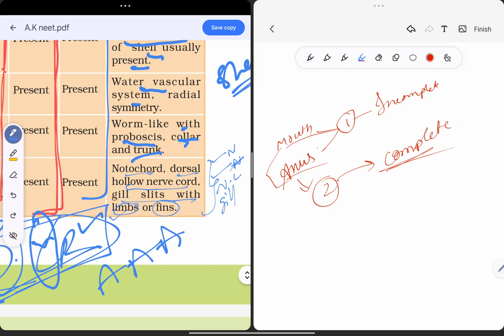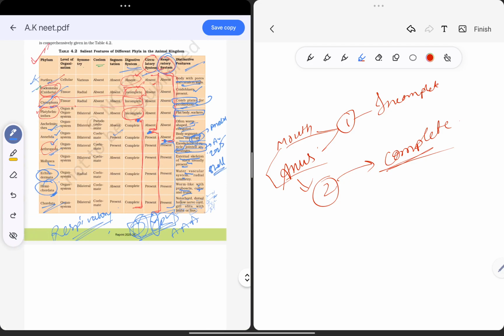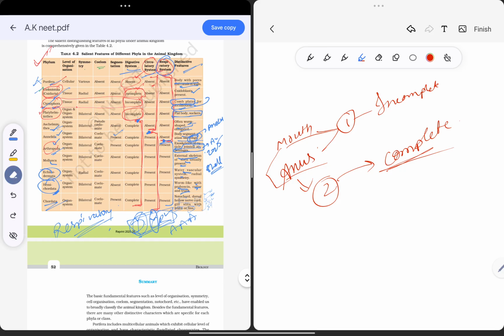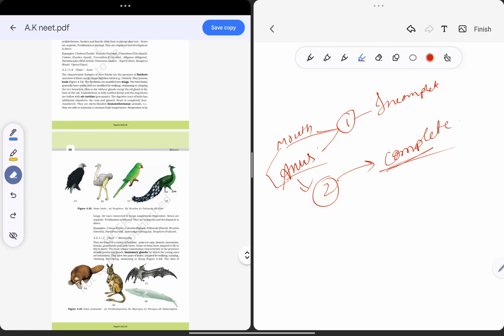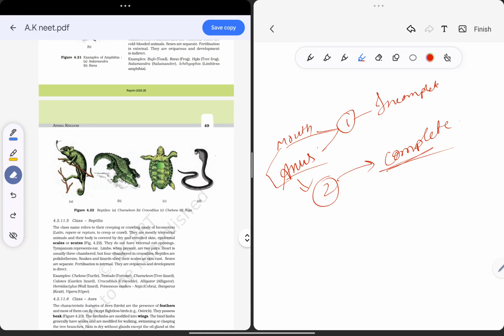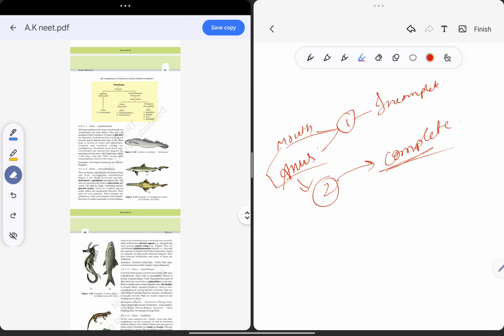This table is really very important. As I told you, try to remember the DCR points from the three A's: Aschelminthes, Annelida, and Arthropoda. The remaining you can learn easily, it's not so hard.